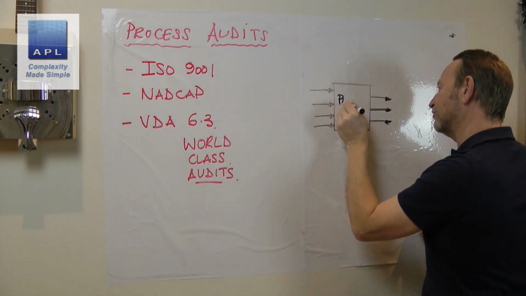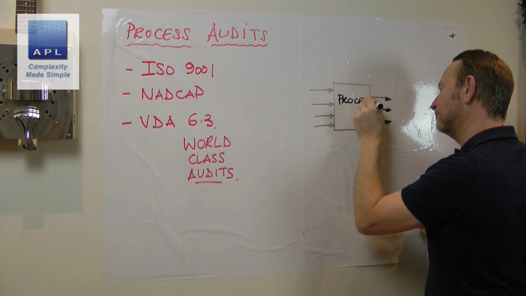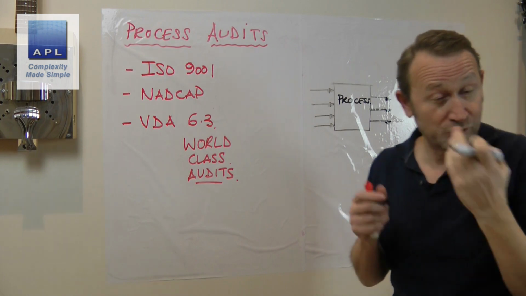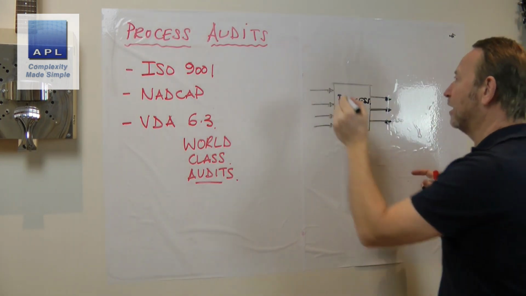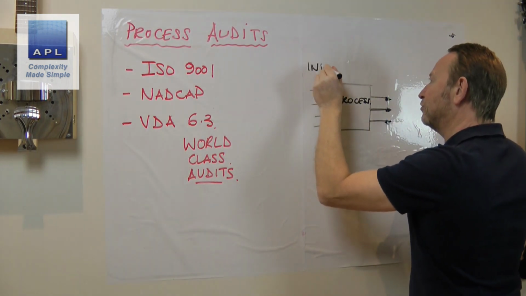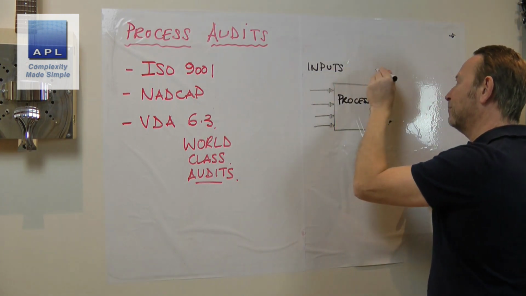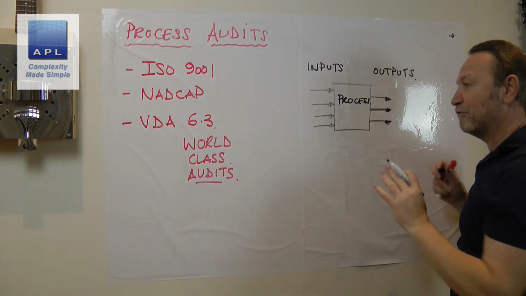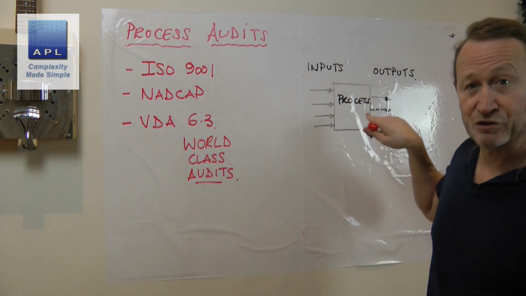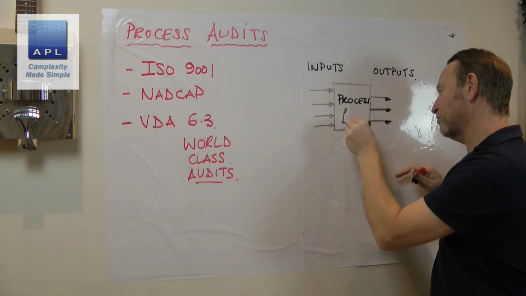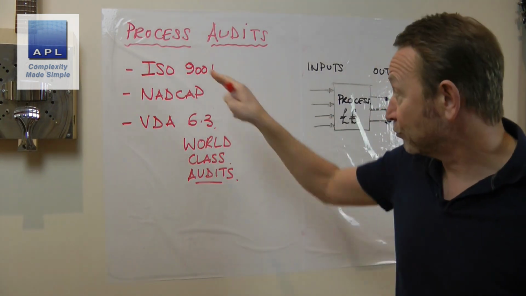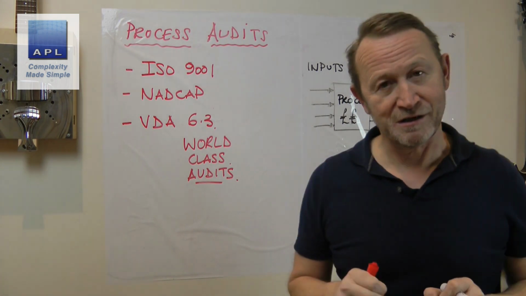Now these things are supposed to control this. That's what they're for. So if we just complete the diagram, inputs, outputs. Everyone that's watching this, you have this. And what does your process do? Makes money, all right? And you're supposed to be using these things to make more money.